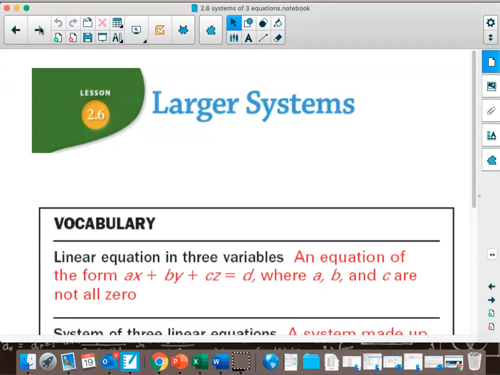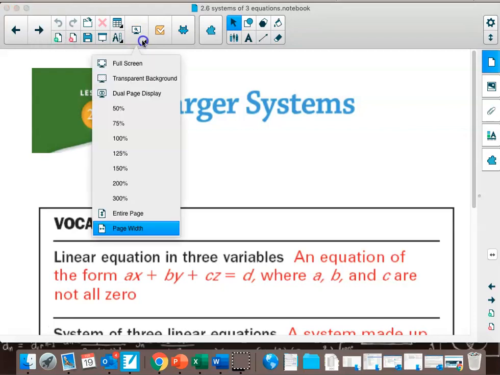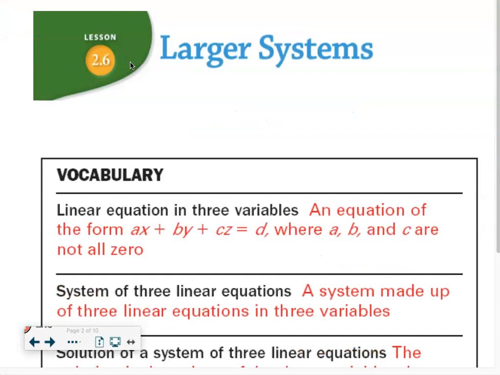All right, so today, don't worry about this vocab. We'll talk about it, but I don't want you to write everything down. Today we're doing section 2.6, which is called larger systems. Yes, yesterday we did 2.3. Today we're doing 2.6. It feels weird, but it makes sense.